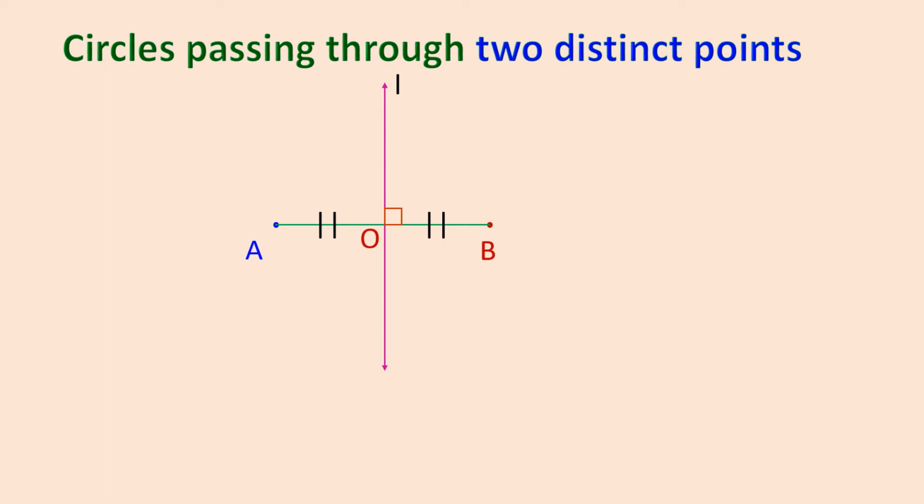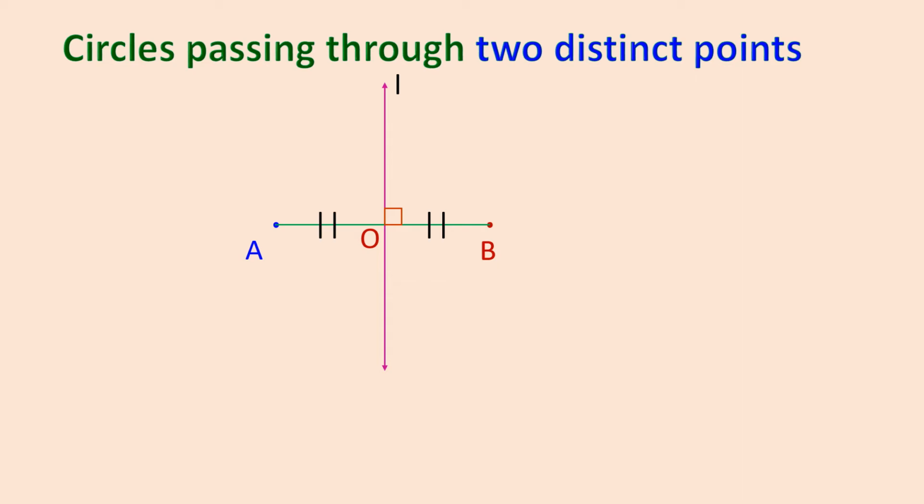Once we have the perpendicular bisector of a segment, we know that any point on line L, whether above segment AB or below segment AB, will be equidistant from the endpoints of the segment. Which are the endpoints?